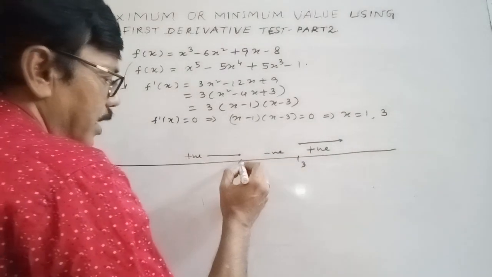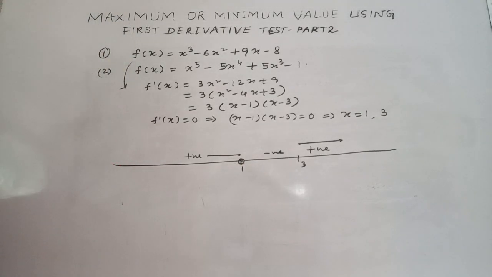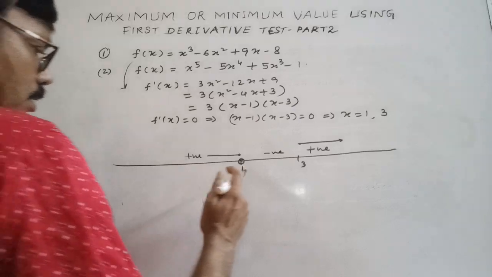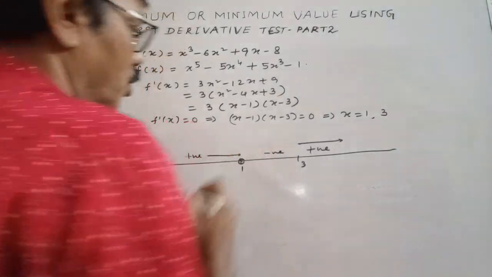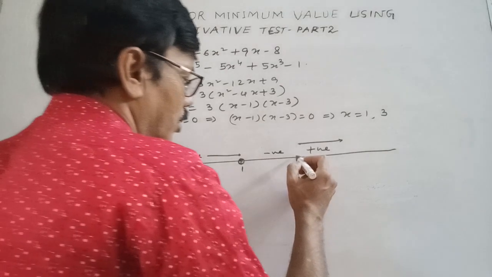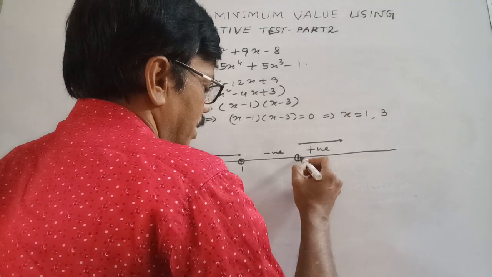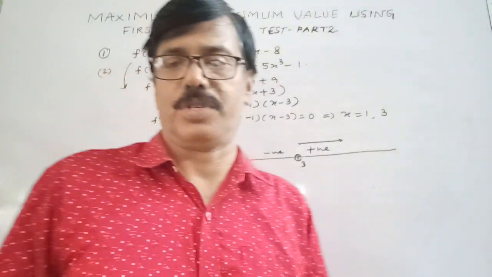So look, at x equals 1, dy by dx changes its sign from positive to negative. And at x equals 3, dy by dx changes its sign from negative to positive.